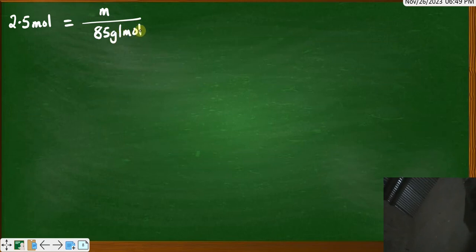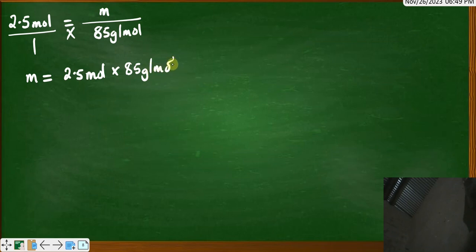Now what we want is mass, so we'll put 1 under the moles to make it a fraction, then we'll cross multiply. 1 times M gives M, mass is equal to 2.4 moles times 85 grams per mole.